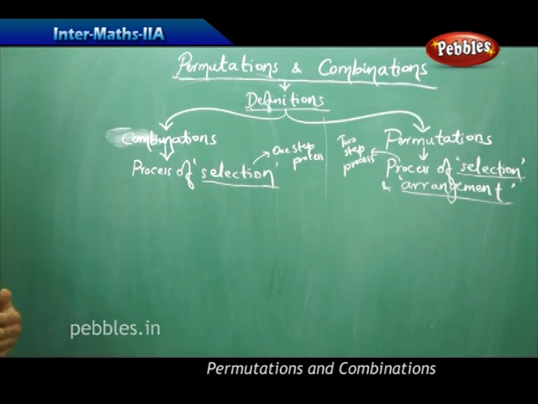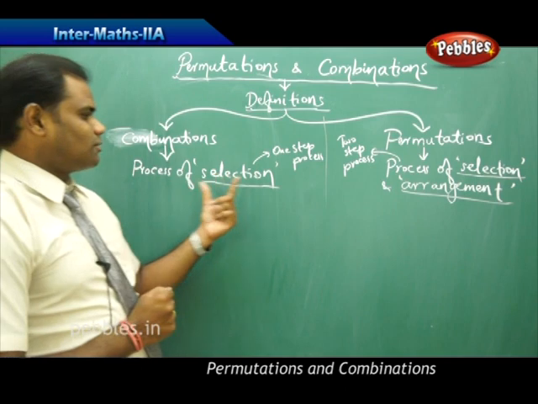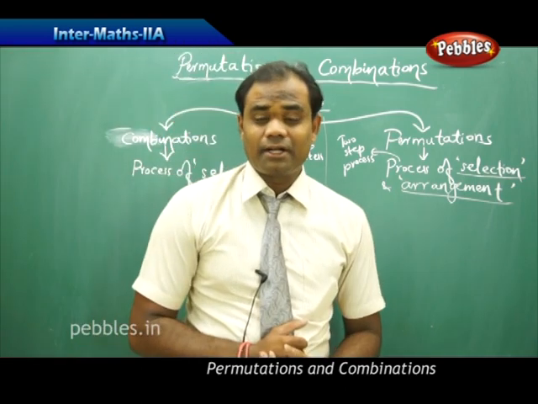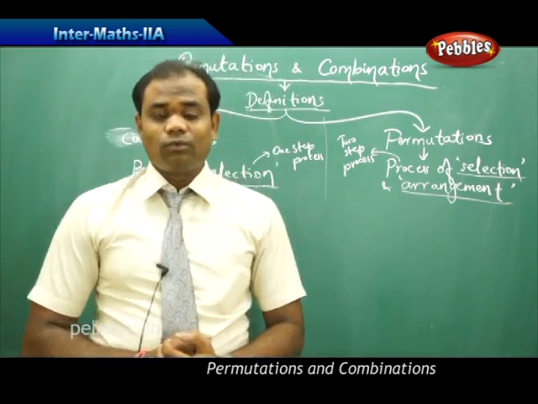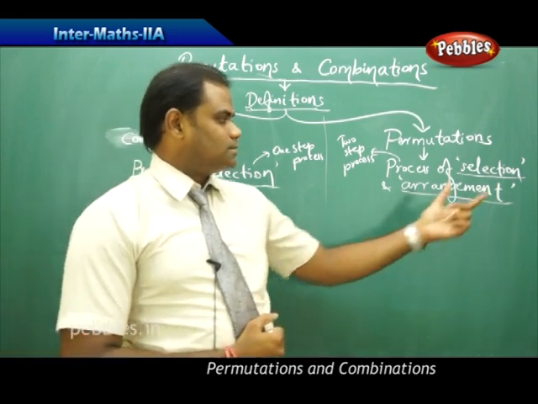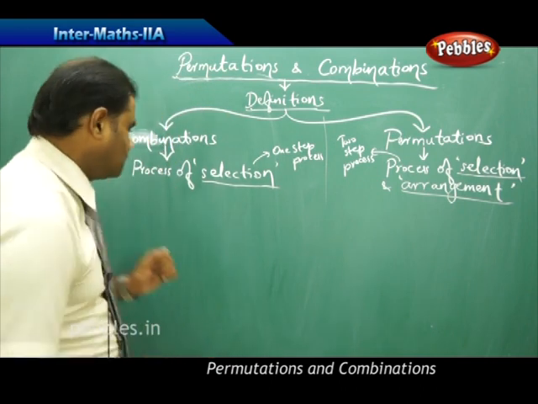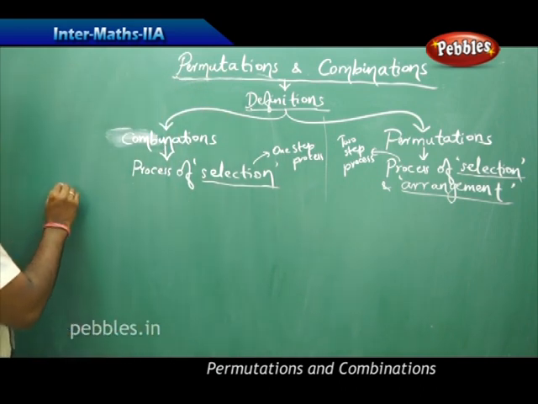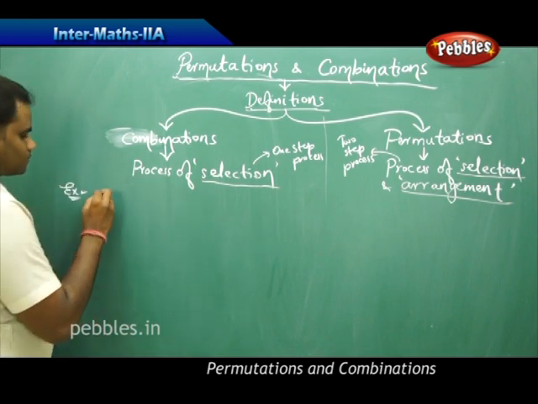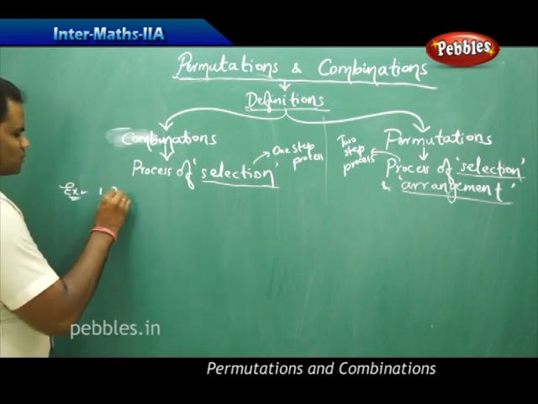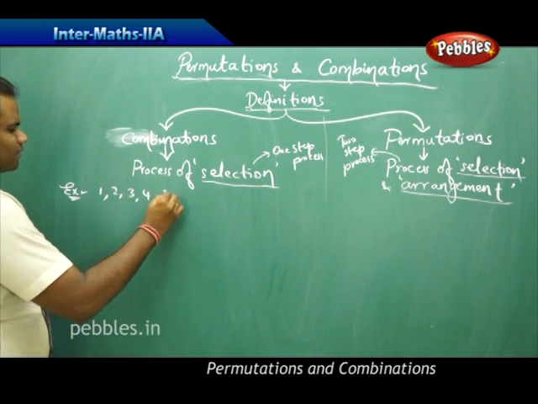Now initially, to start with, the process of selection and arrangement, let's see what exactly the 2 terms selection and arrangement mean through an example. Say I have the digits 1, 2, 3, 4 and 5.